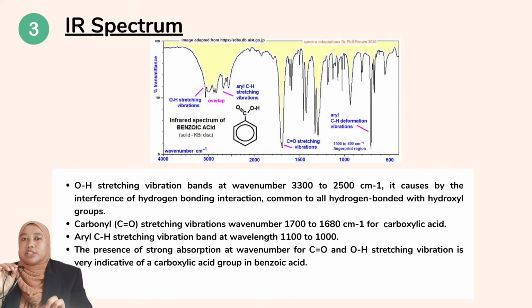C-O stretching vibration band at 1100 to 1000. The presence of strong absorption at wave numbers for C double bond O and OH stretching vibration is very indicative of a carboxylic acid group in benzoic acid.